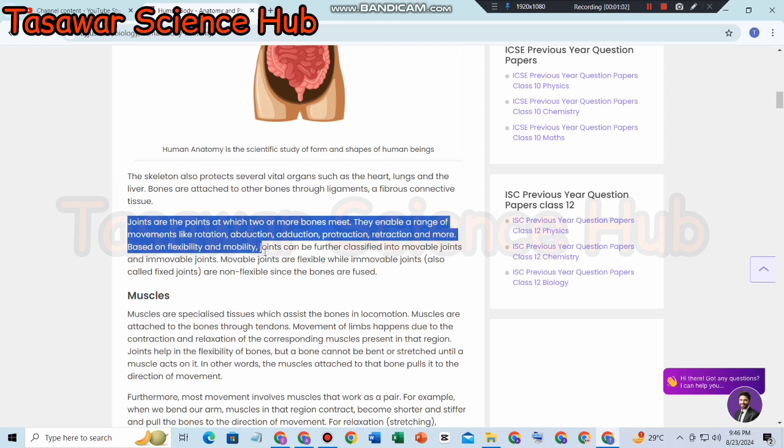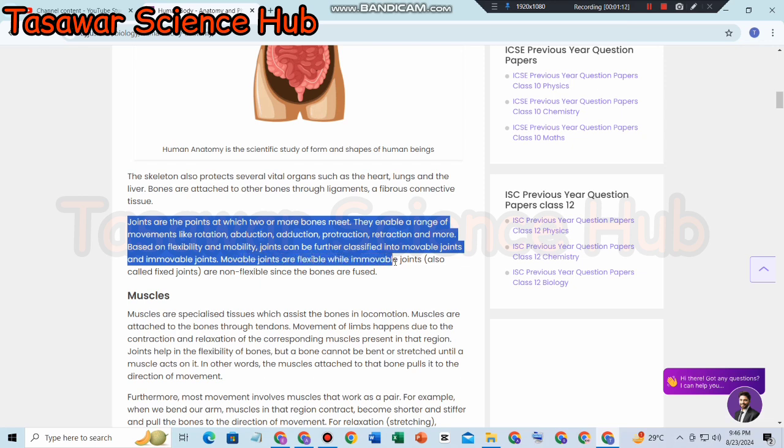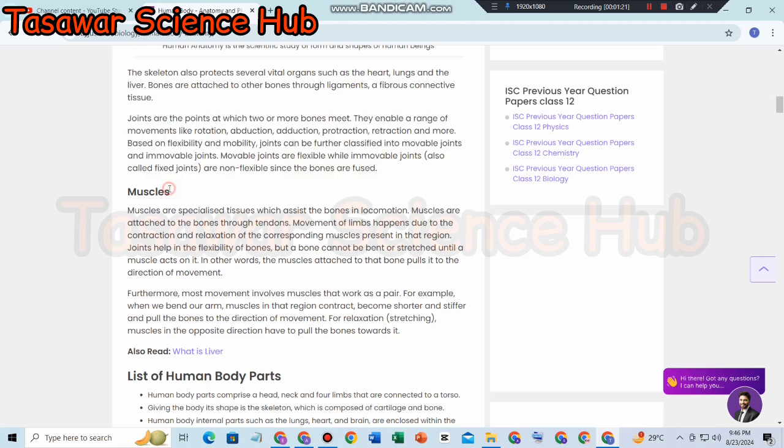Based on flexibility and mobility, joints can be further classified into movable joints and immovable joints. Movable joints are flexible, while immovable joints, also called fixed joints, are non flexible since the bones are fused.